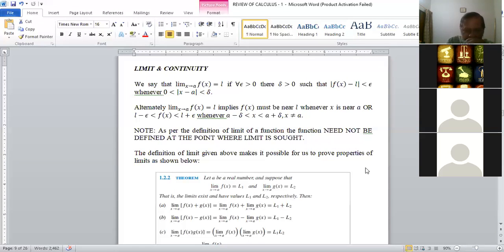Can you repeat my sentence? Can someone repeat my sentence? किस तरह डिफाइन किया मैंने इन्फिनिटी को? इन्फिनिटी को डिफाइन किया मैंने अभी। Sir, infinity is something that is very large number, and infinitesimally is something that is very.